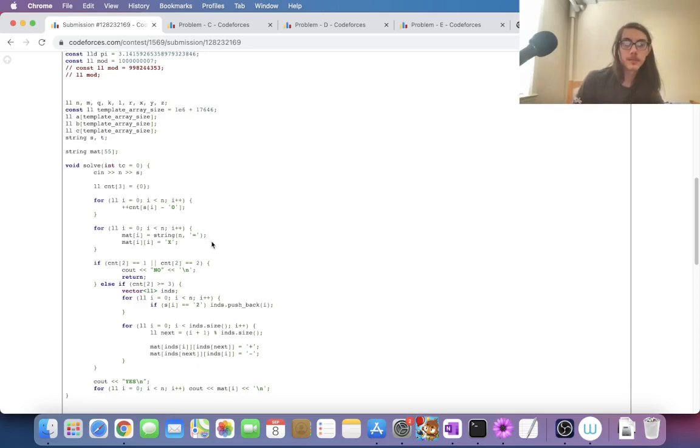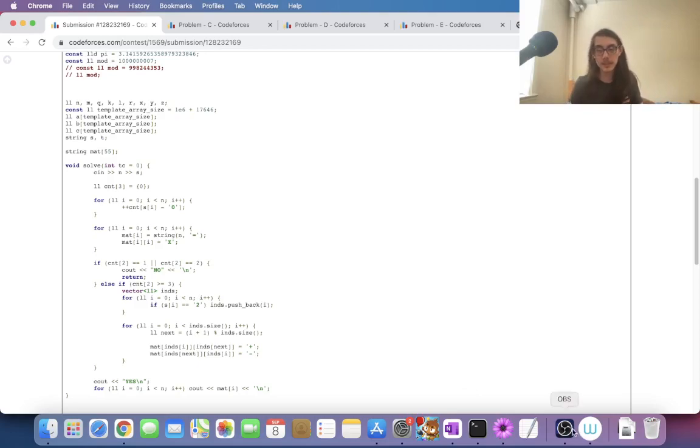Now, initially everything will be a draw, and then I set the guys who play themselves to be X because that's what the problem says to do. Now, for the number of 2s being 1 or 2, it is immediately impossible. Otherwise, if it's 0, we already have everything as a draw, so we don't need to do anything. So we only need to do anything if there's at least 3.